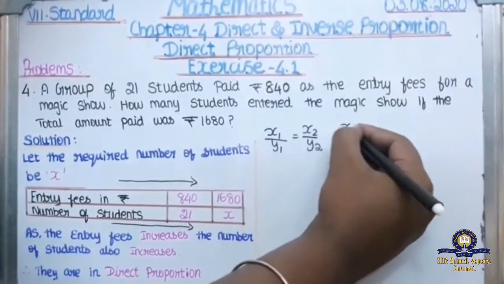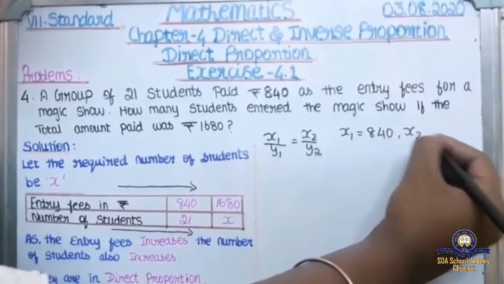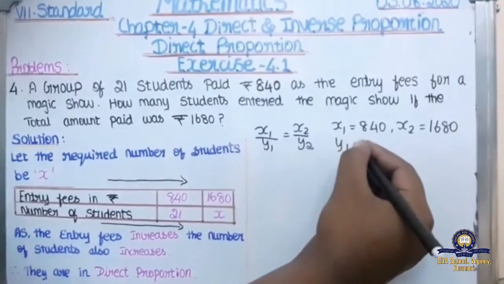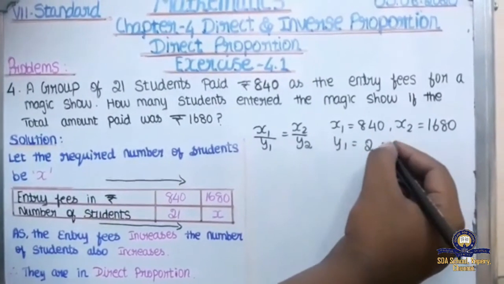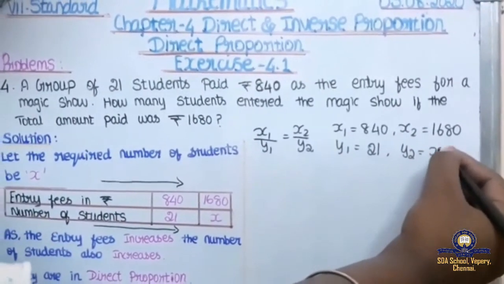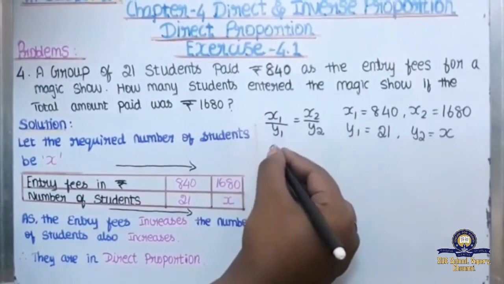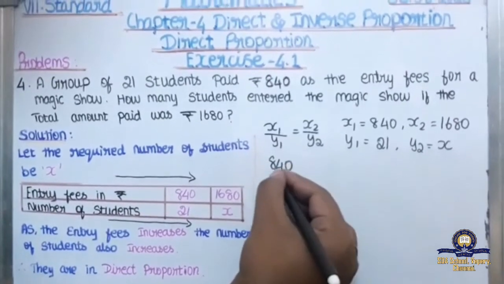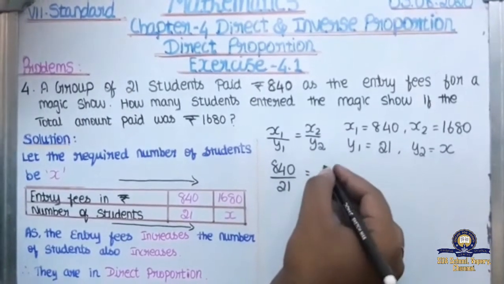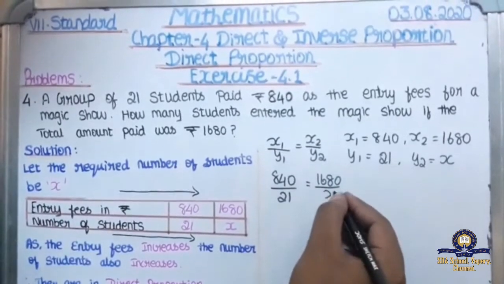Therefore, x1 is equal to 840, x2 is equal to 1680, y1 is equal to 21 and y2 is what we need to find, so it will be taken as x. Now we substitute the values. x1 is 840 divided by y1 which is 21, equal to x2 which is 1680 divided by y2 which is x.